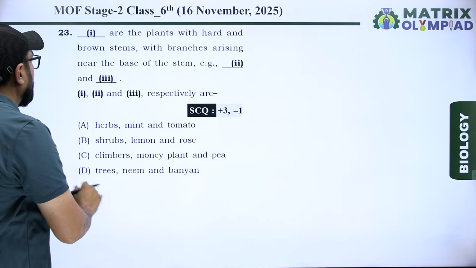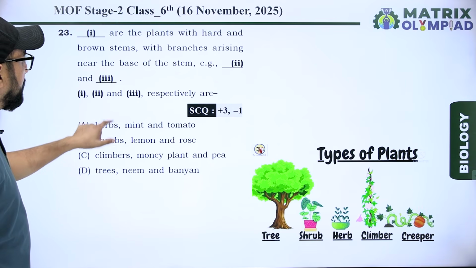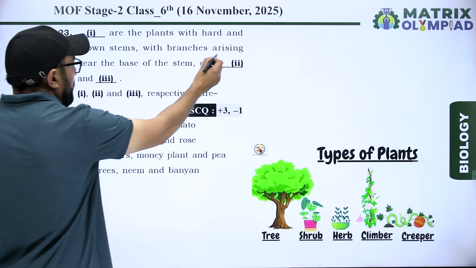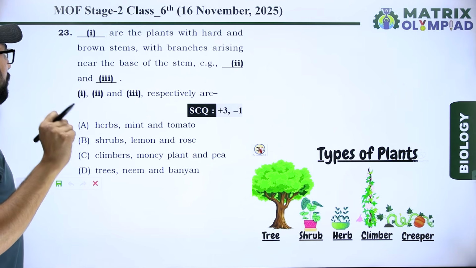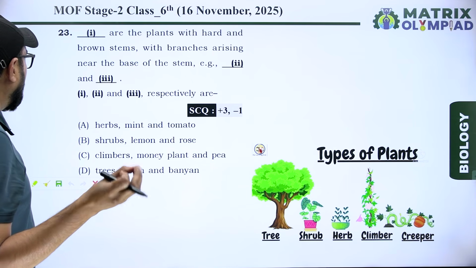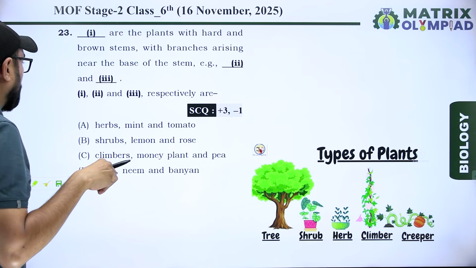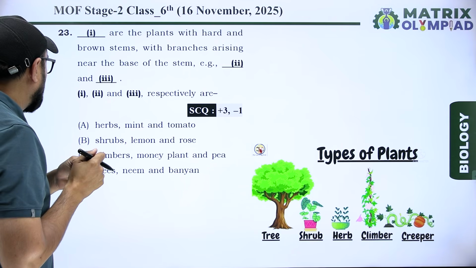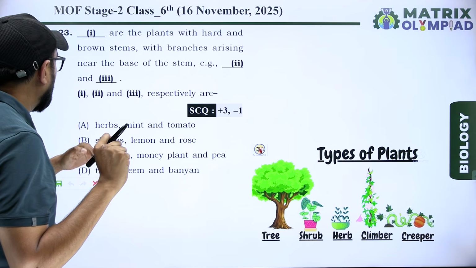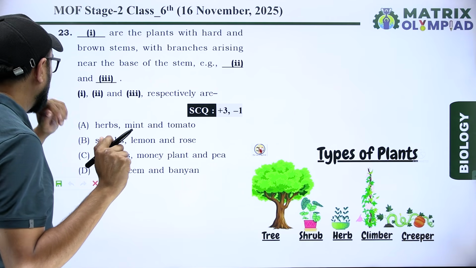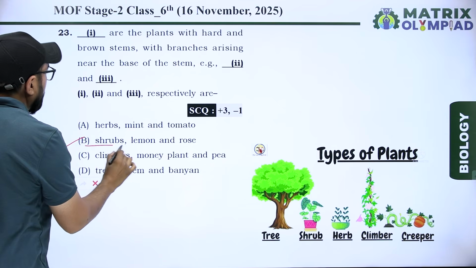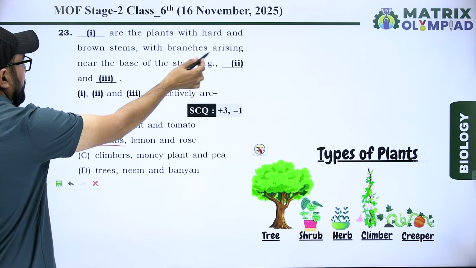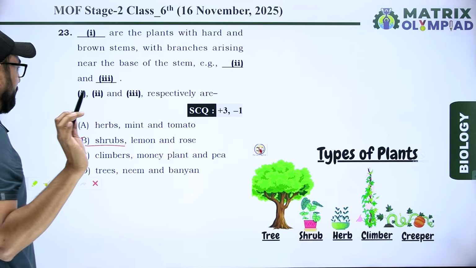Next question is, dash are the plants with hard brown stem with branches arising near the base of the stem. Option A, herb, no. Shrub, climber, tree, neem and banyan tree, no. So shrubs are the plants with hard and brown stem with branches arising near the base of the stem.